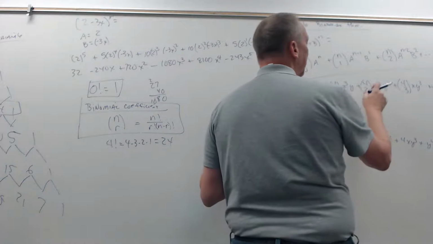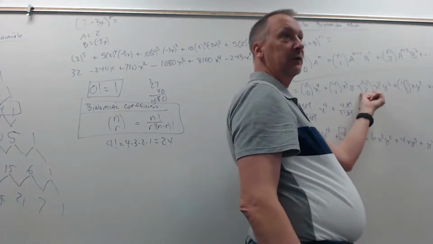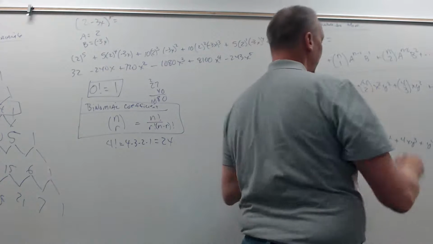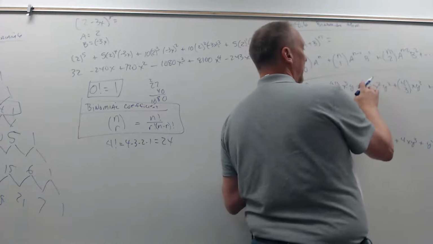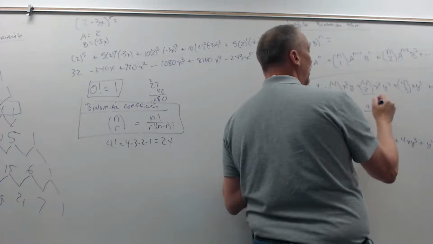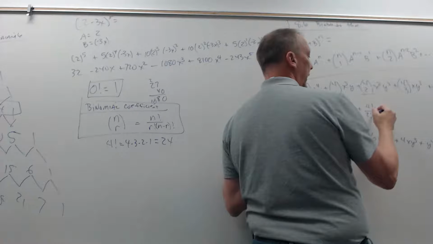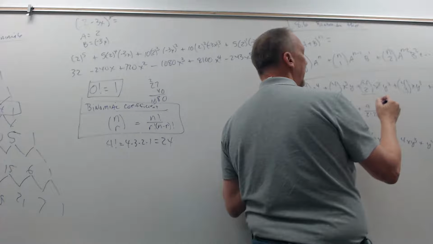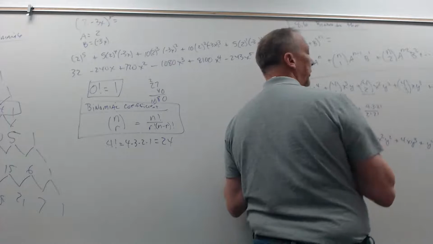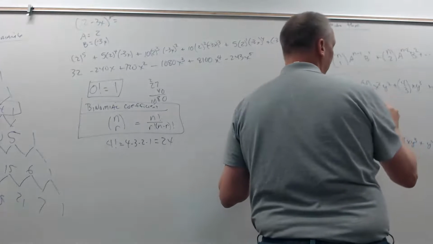So this next one here, how can I rewrite this? It would be 4 factorial over 2 factorial, 2 factorial. I can rewrite 4 factorial as 4 times 3 times 2 factorial, so the 2 factorials cancel.